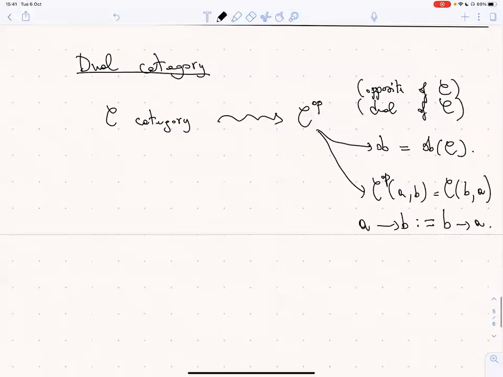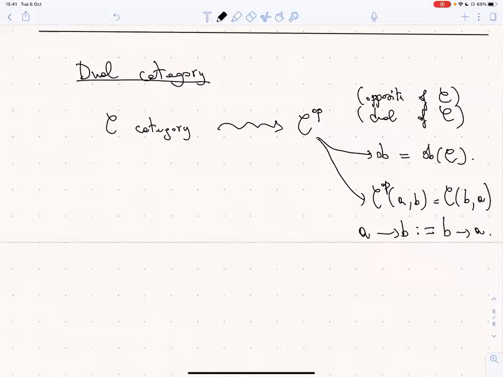Do you have an idea of a concrete example of a dual category?